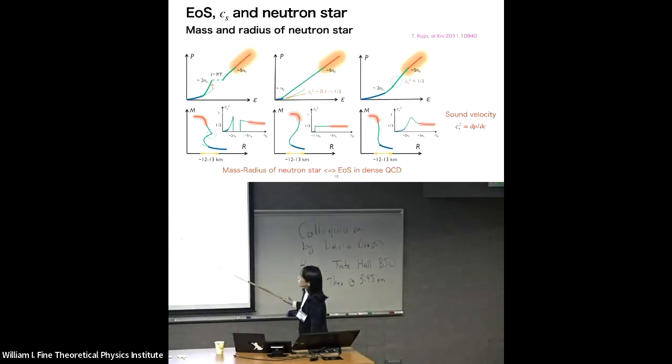And in another scenario, if we interpolate this region using some smooth function, then in some cases the corresponding MR relation shows this shape. This shape means the radius of the neutron star is almost independent of the mass. And this is somehow consistent with the observed data of neutron stars. In this case, the corresponding sound velocity has a peak, and the peak height exceeds 1/3. This is one possible scenario.